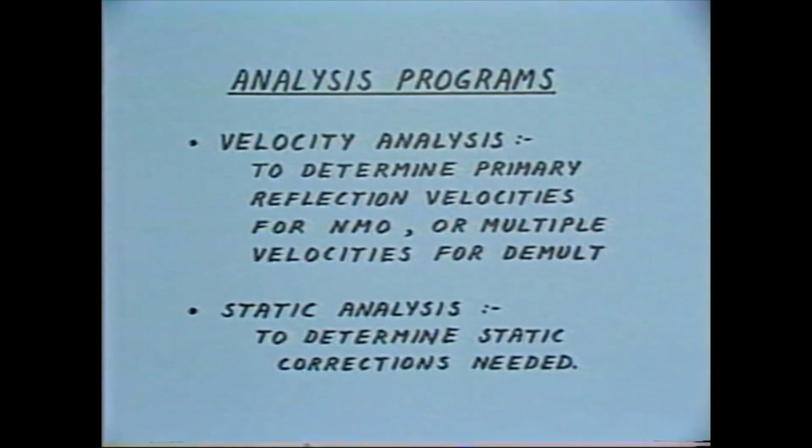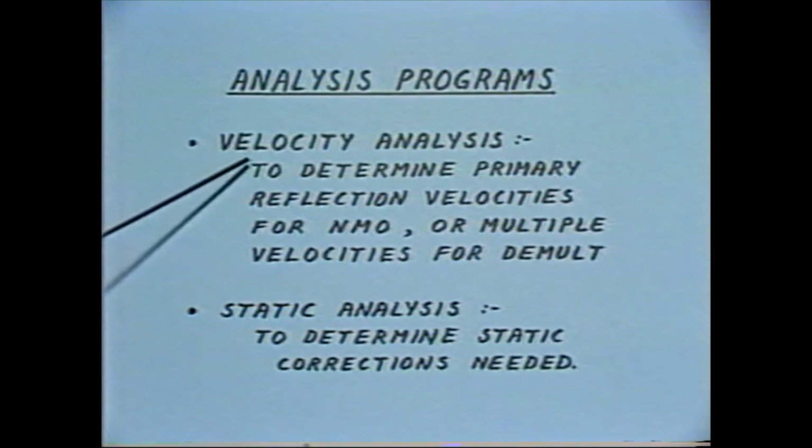Perhaps two of the most important processes that haven't been covered in this lecture series, but will be in subsequent ones, are the analysis programs that are used to determine the velocities of travel of the seismic waves to the various reflectors, and processes to determine the static corrections which are needed for the seismic data. The velocity analysis, we've shown how velocity can be determined from travel times and offsets on the common depth point data.